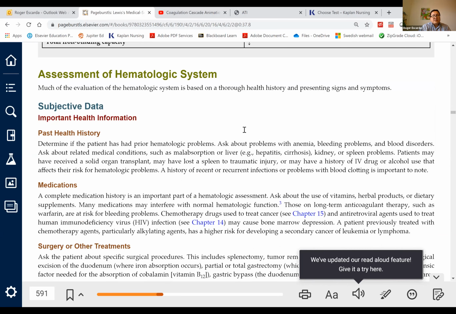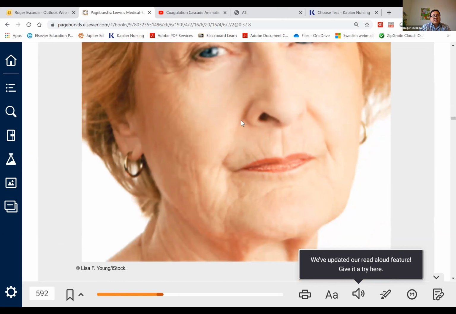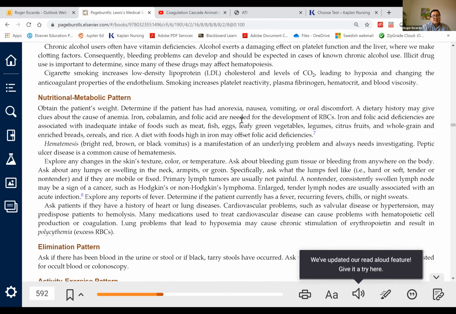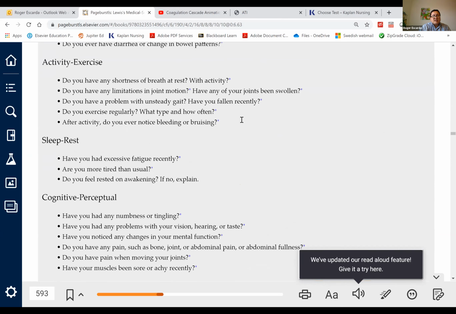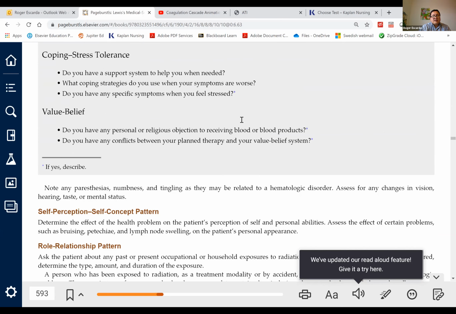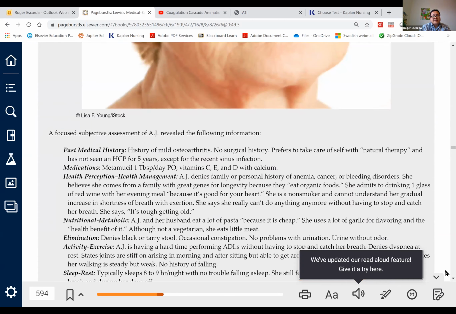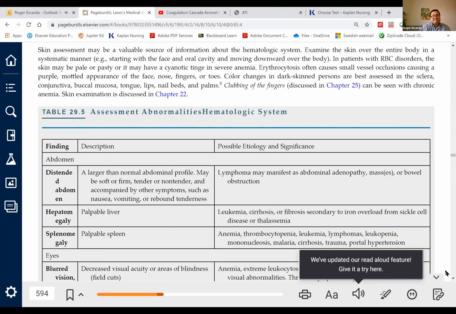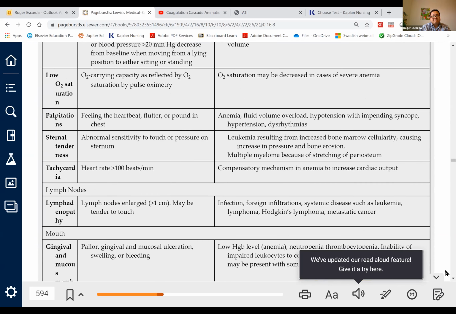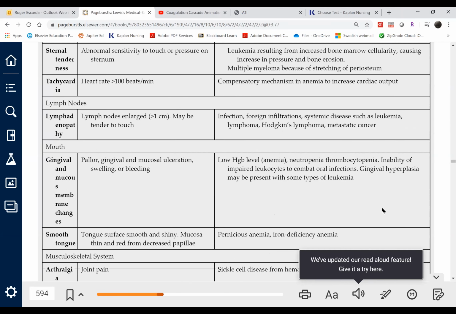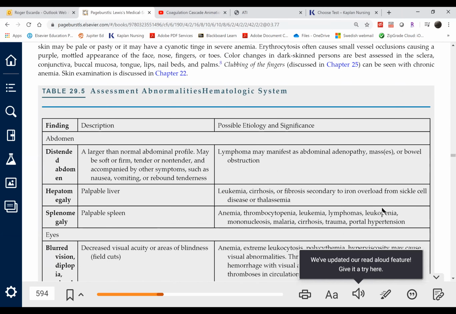Okay, next thing I want to discuss is this table right here.